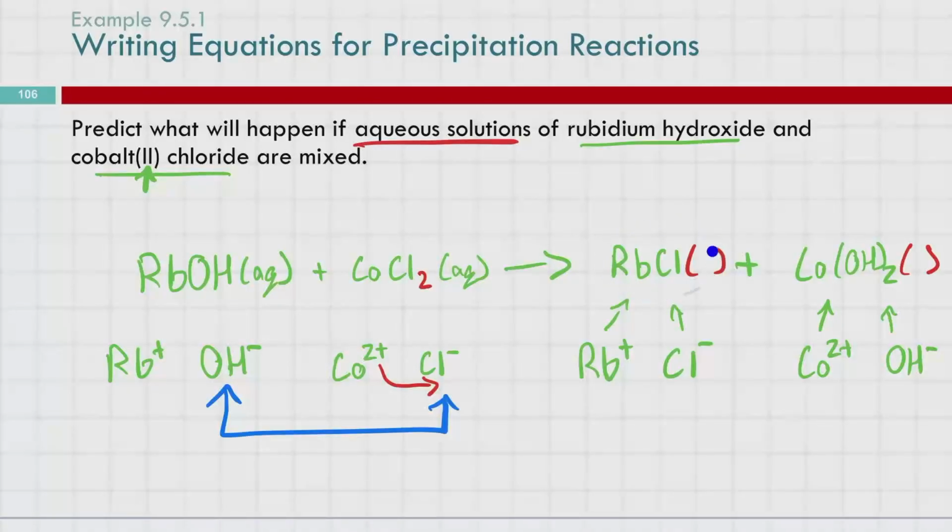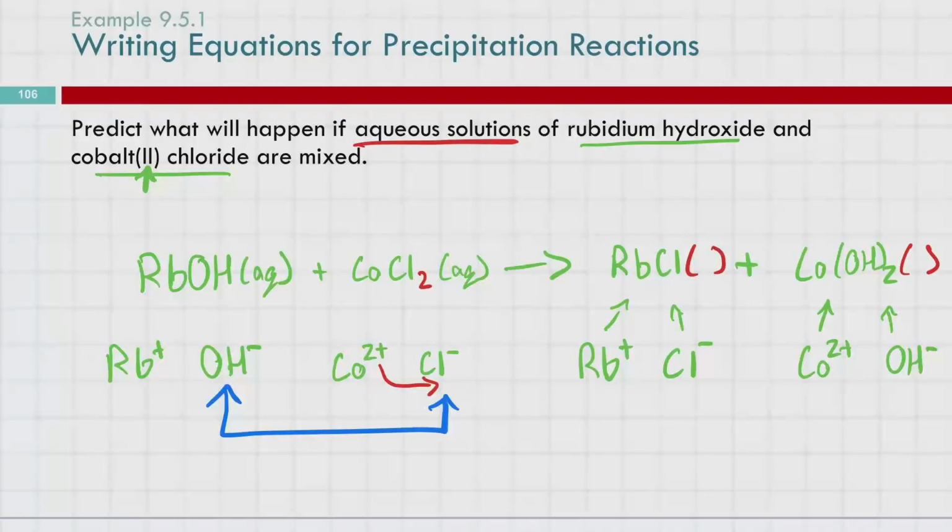Looking at RbCl. On the solubility table in the top section, the third line entry for our green sheet, Cl-, Br-, I- is in the soluble section, except for those containing silver, a species of mercury, and lead 2+. Do we have any of those exceptions here? Do we have silver, mercury, or lead? No. We've got rubidium.